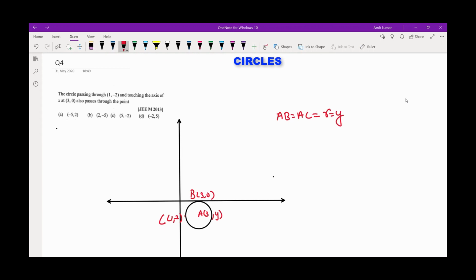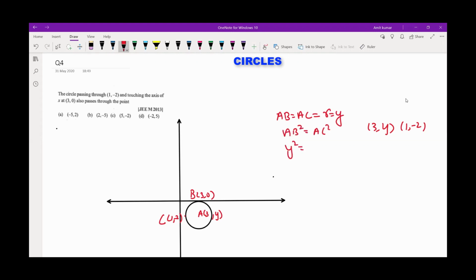And from the diagram, AB is y and AC is the distance between (3, y) and (1, -2). If I square both sides, AB square is equal to AC square.